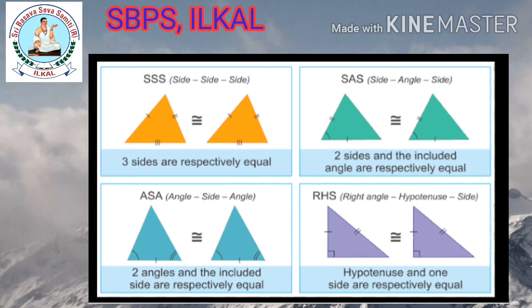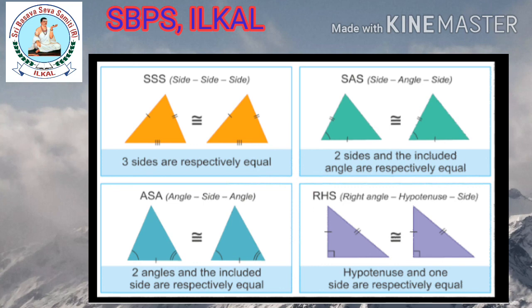Next one, ASA, angle, side, angle. According to the ASA criterion, the given two triangles are congruent. Two angles and the included side are respectively equal. And the last one, RHS, right angle, hypotenuse, side. Hypotenuse and one side are respectively equal. So both the triangles are congruent.